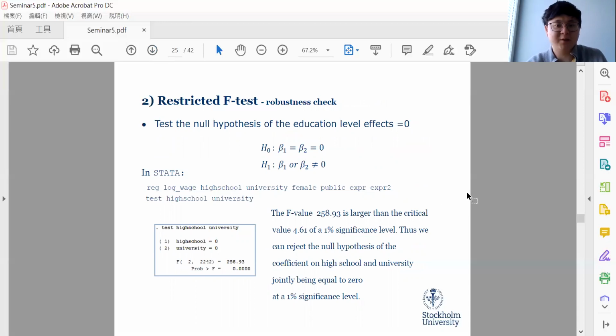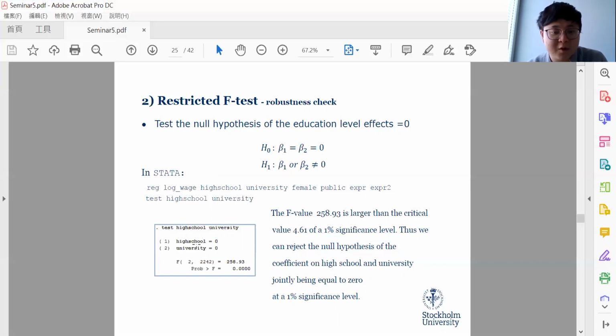So now you would like to do some robustness checks. Because the unrestricted F-test asks whether all of them have no effect. But for example, now you would like to test whether the education level affects wage or not. So now you do the restricted F-test.